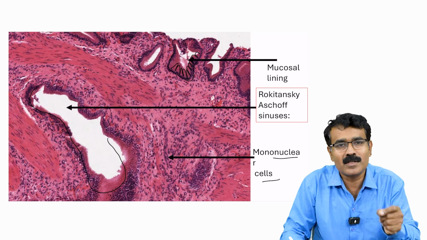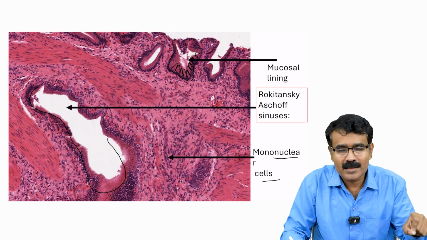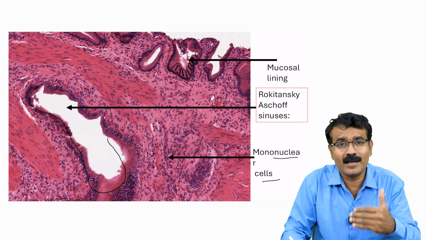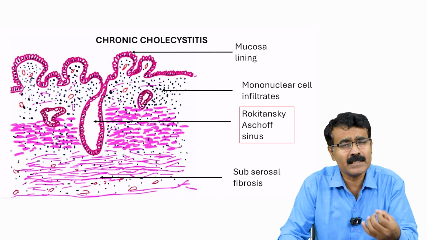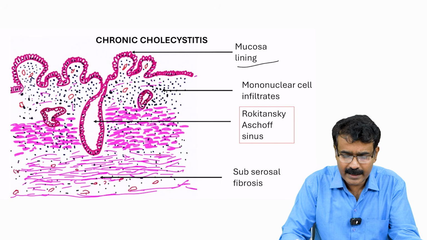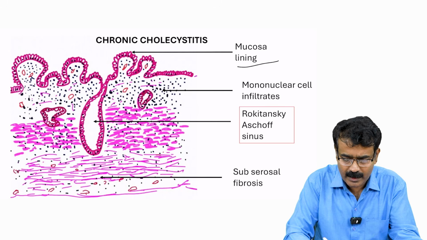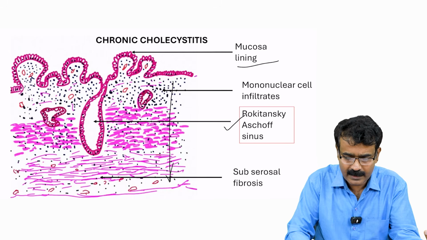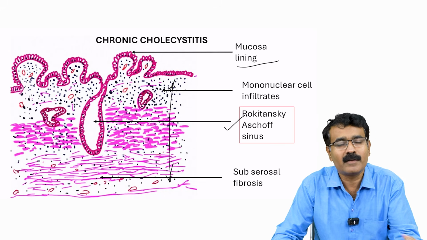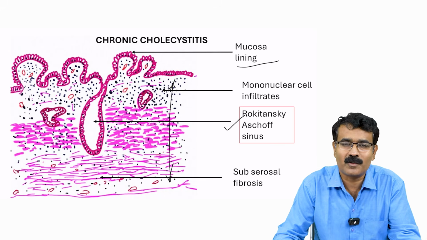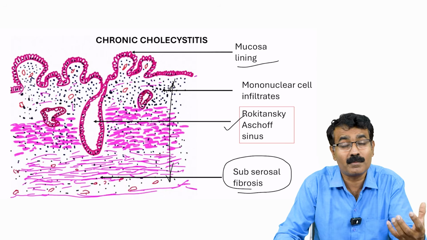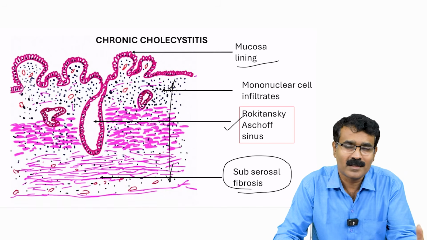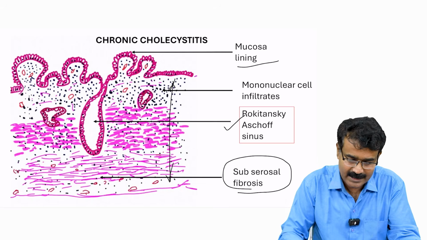So, identify the mucosa, demonstrate the Rokitansky-Aschoff sinuses, and most importantly, chronic inflammatory cells in all the layers of the gallbladder. Illustration is very, very simple. Draw the mucosal lining, talk about the Rokitansky-Aschoff sinuses here, and then most importantly, mononuclear cell infiltrates in all the layers. If it is too long a duration of chronic cholecystitis, you can also see fibrosis in the serosal aspect, or the subserosal fibrosis you can demonstrate. So that is about chronic cholecystitis.